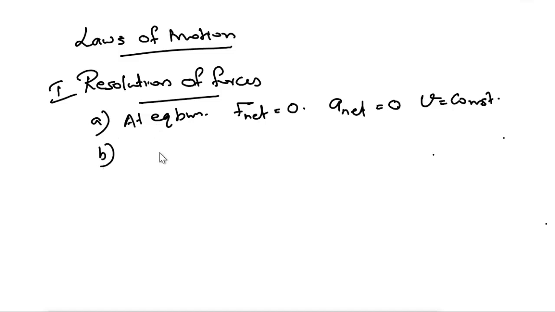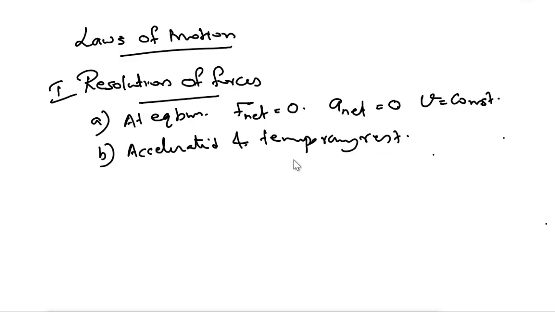Now, we are going to consider the second set of resolution of vector: accelerated motion, or we can say, if it is temporarily at rest. If the object is temporarily at rest, it was under acceleration, temporarily comes to rest, and then comes back. So we will be discussing such kinds of questions now.